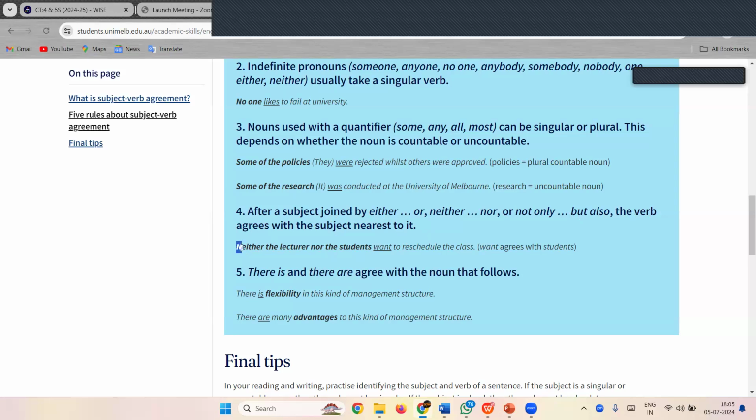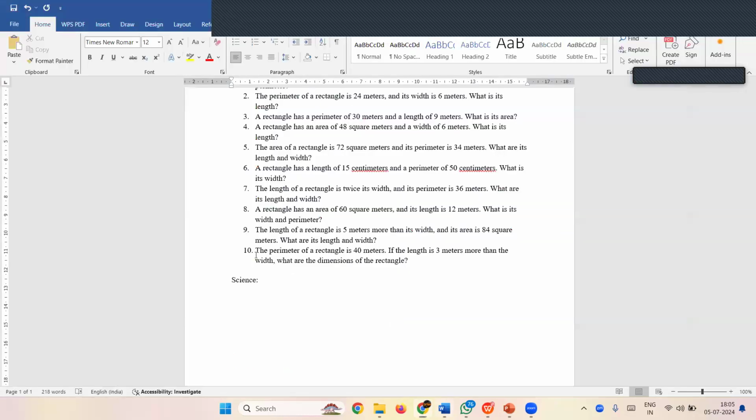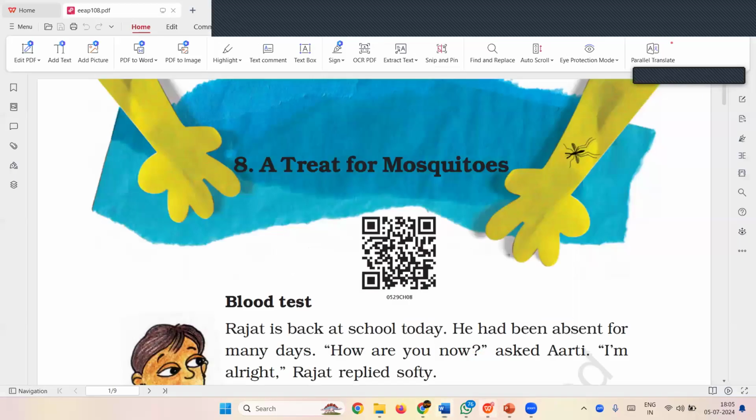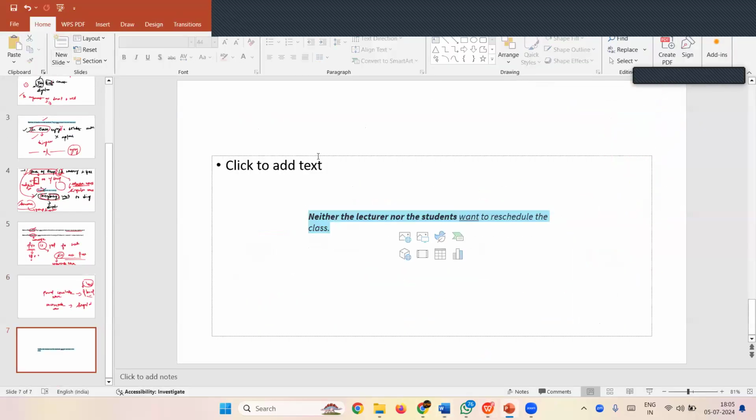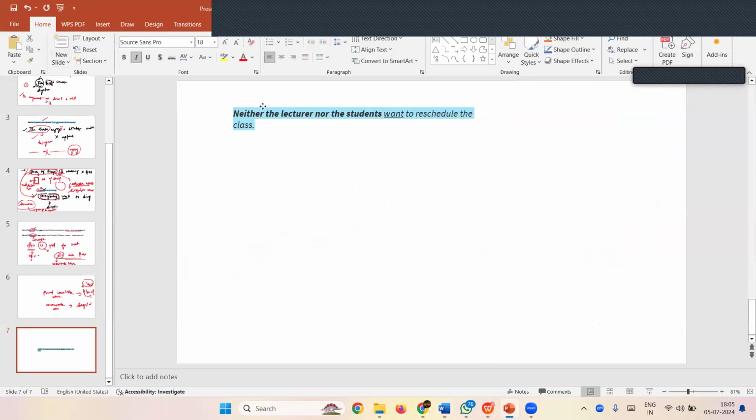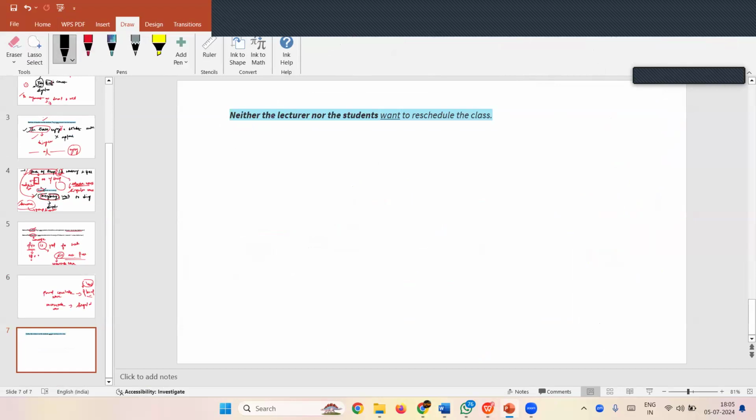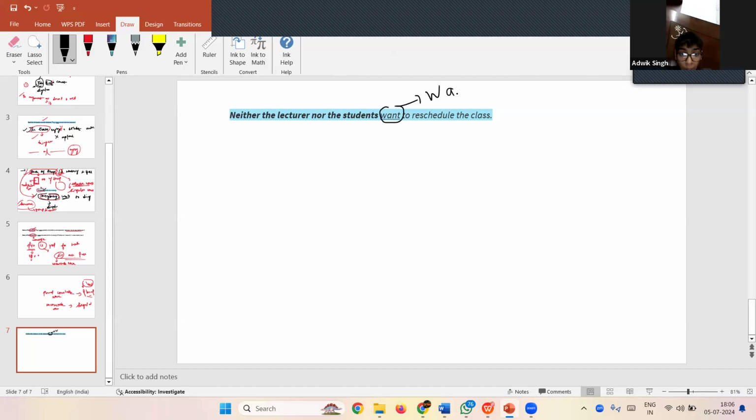Neither the lecturer nor the students want to reschedule the class. Why is this want and not wants? Ma'am, neither means that it's singular.